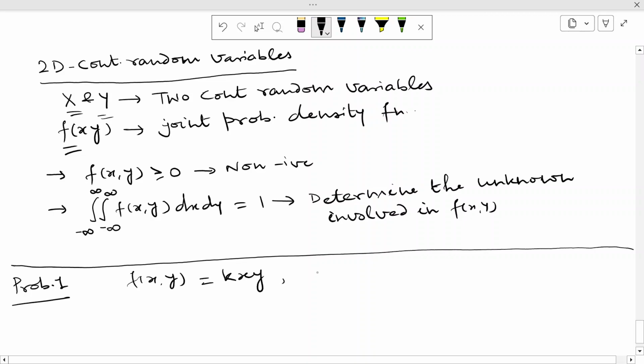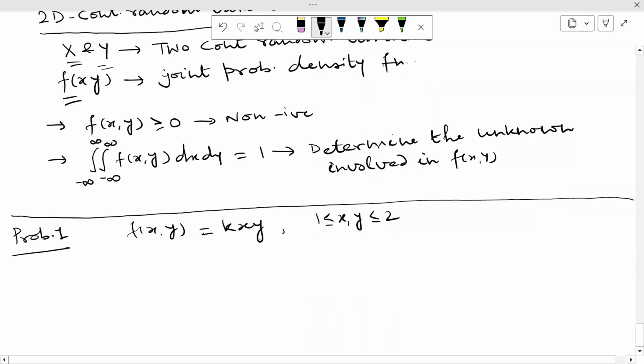The domain is also given to us, that x and y both vary from 1 to 2. Now we have to find the value of the unknown, that is, the value of k.